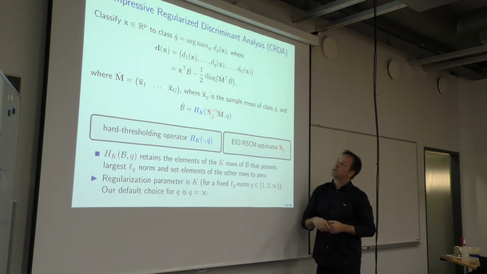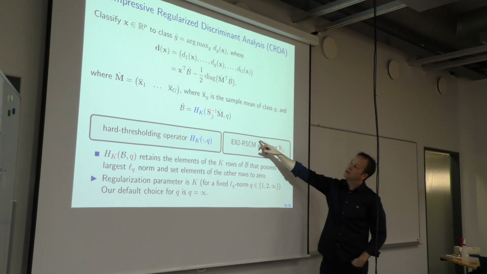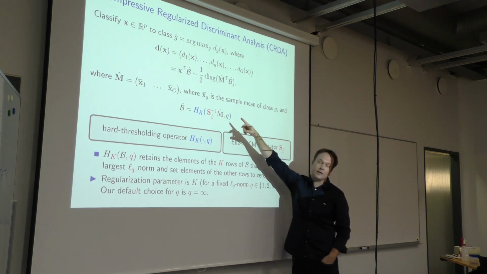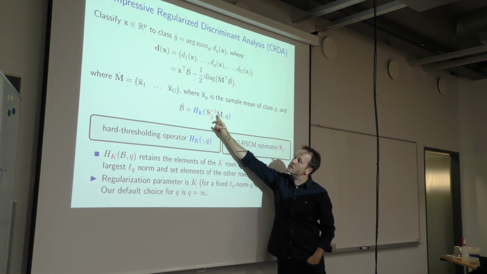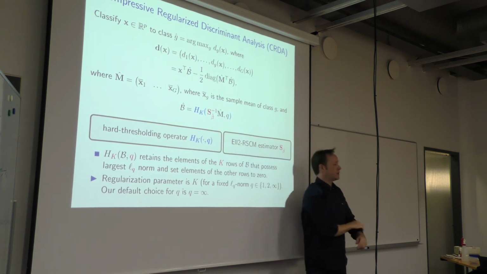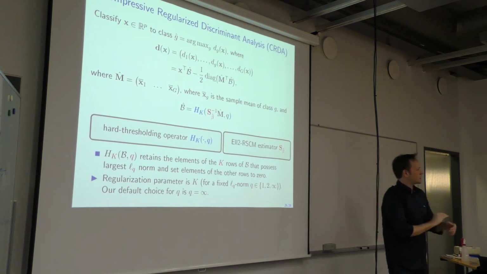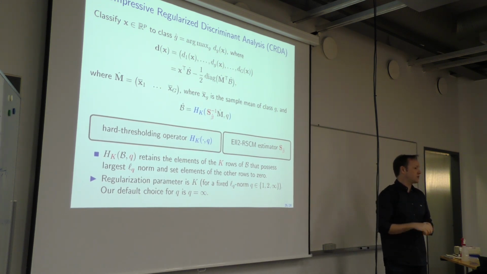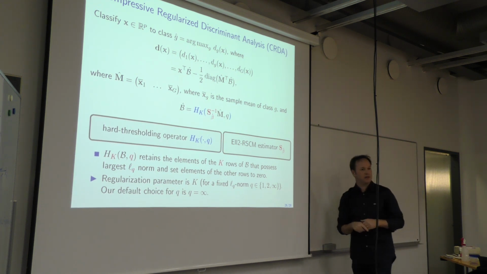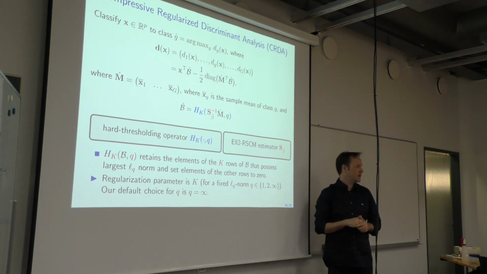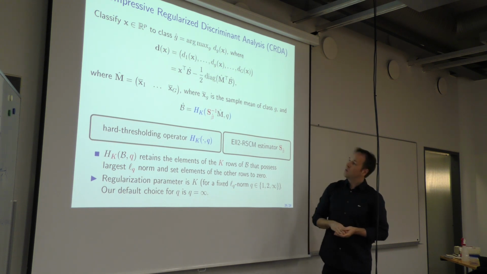And to achieve that, those weights are computed as follows. We use a hard thresholding operator, which sets some of the rows equal to 0, so that we do the gene selection at the same time as we do classification. So that is the main idea.